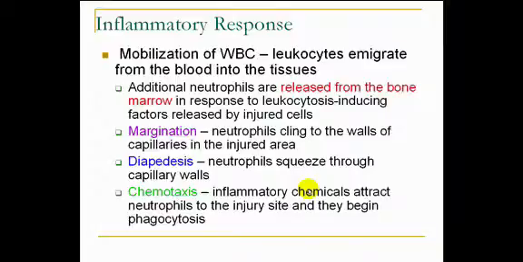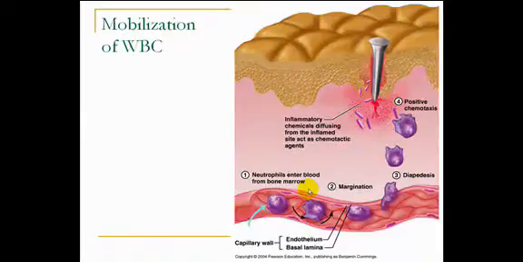Actually, I'm going to move to the next picture just because this shows the steps, and you can read those steps in your outline. We have neutrophils traveling through the blood. Now, in areas where you have inflammation, let's say a nail punctures the skin, you've compromised your first line of defense, and now you're on to your second line of defense.